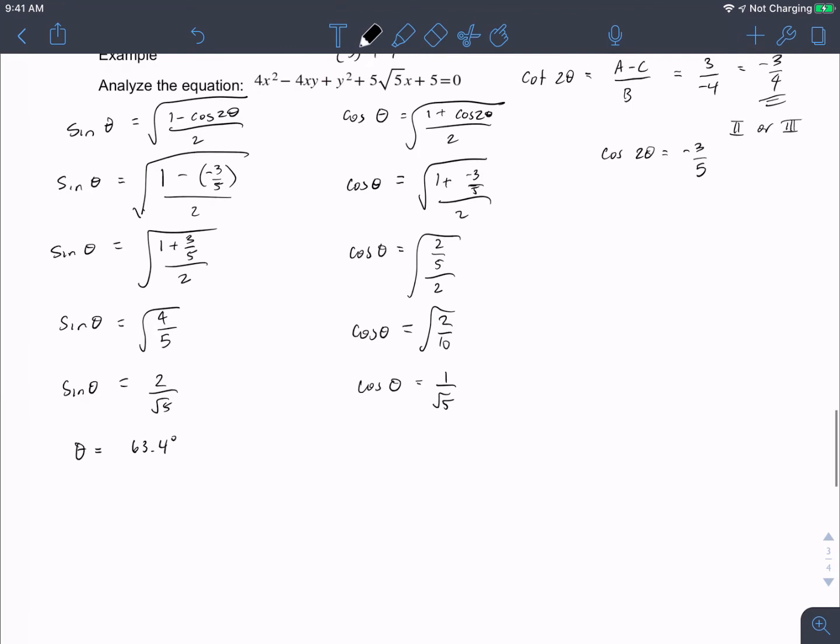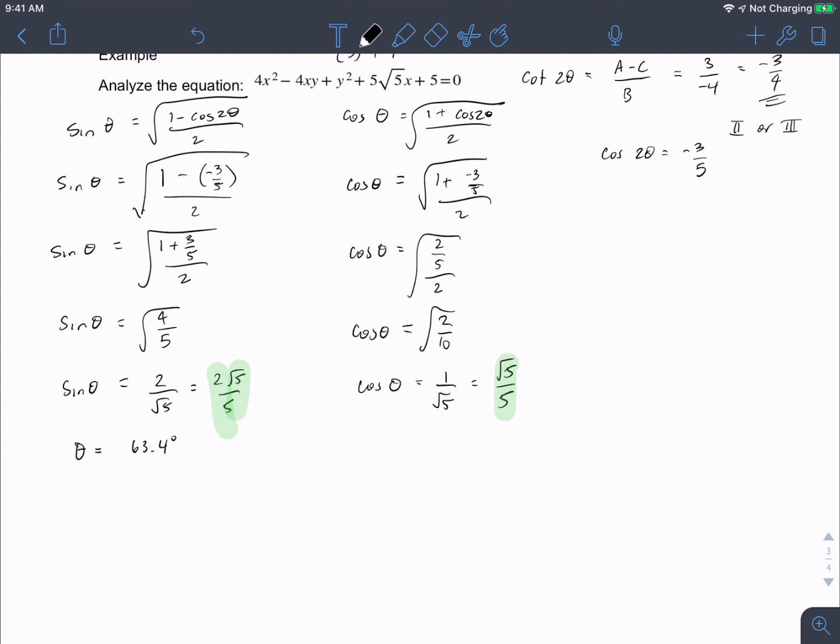And then we can clean those up too. That's equivalent to 2 radical 5 over 5, and this cleans up to be radical 5 over 5. So those are going to be two values that we're going to need. And then we now know the angle of rotation.